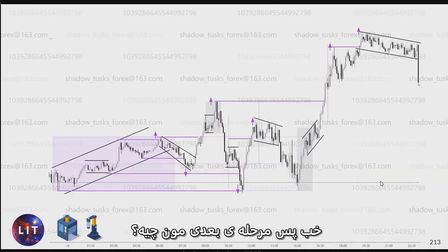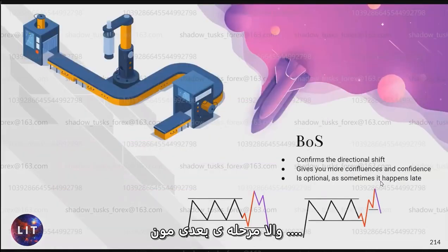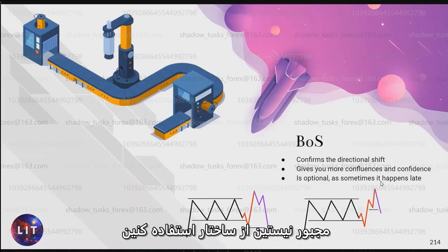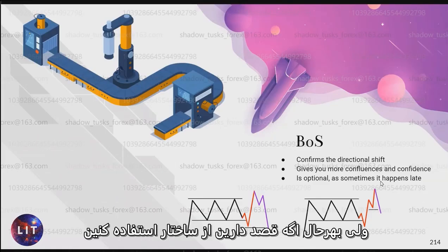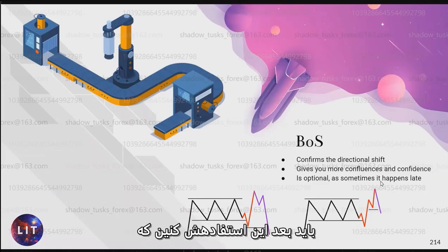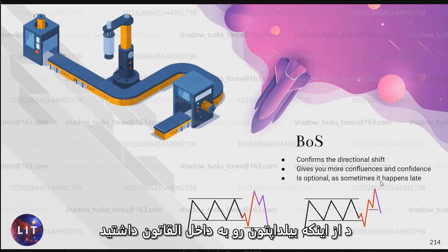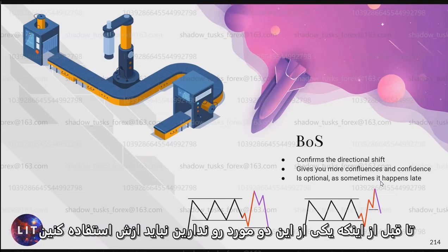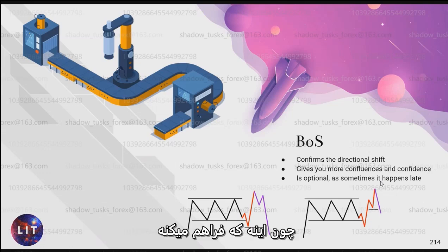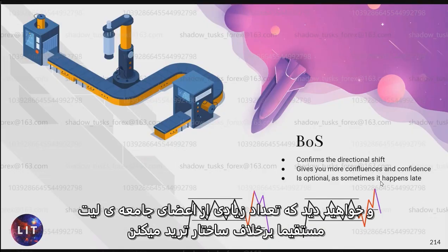So what is our next step? Well, our next step is, this is obviously optional. You don't have to use structure, but if you are going to use structure, you want to apply it after you've, not before, but after you've had your build up into your inducement. You never really want to be using structure before you've had either of those things, and what you'll see is a lot of members in the LIT community trade directly against structure.